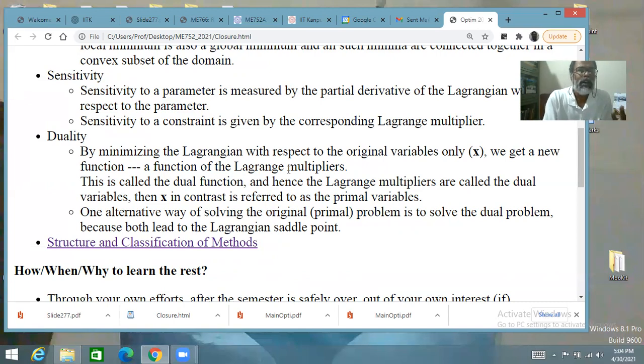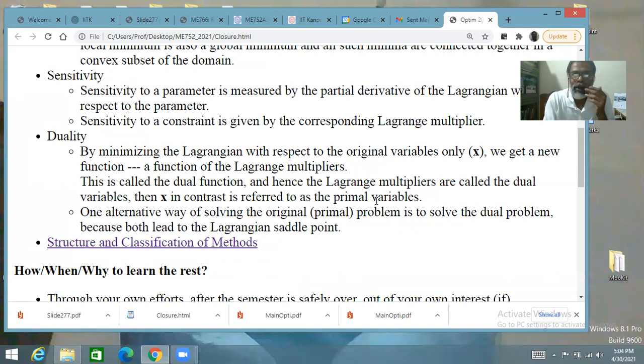This function of Lagrange multipliers is called the dual function, and hence the Lagrange multipliers are called the dual variables. And then you say that x is the set of primal variables.